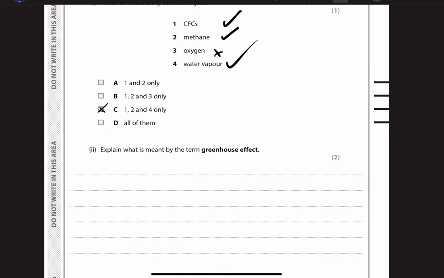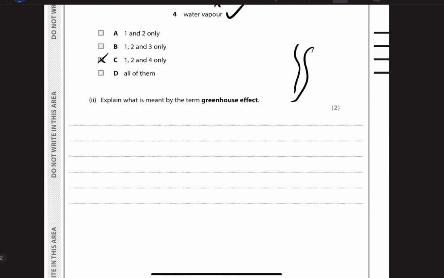Explain what is meant by the greenhouse effect. Okay, so we should know the greenhouse effect is when long wave radiation, that infrared radiation, is absorbed by greenhouse gases, and this leads to heat being trapped in the atmosphere.